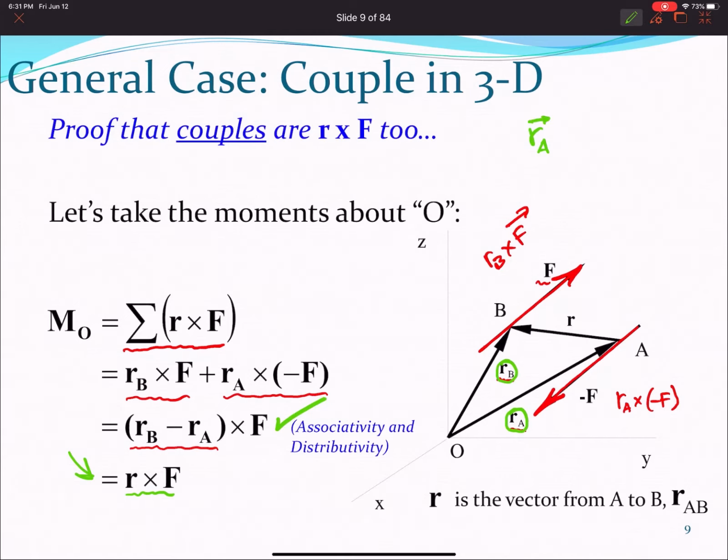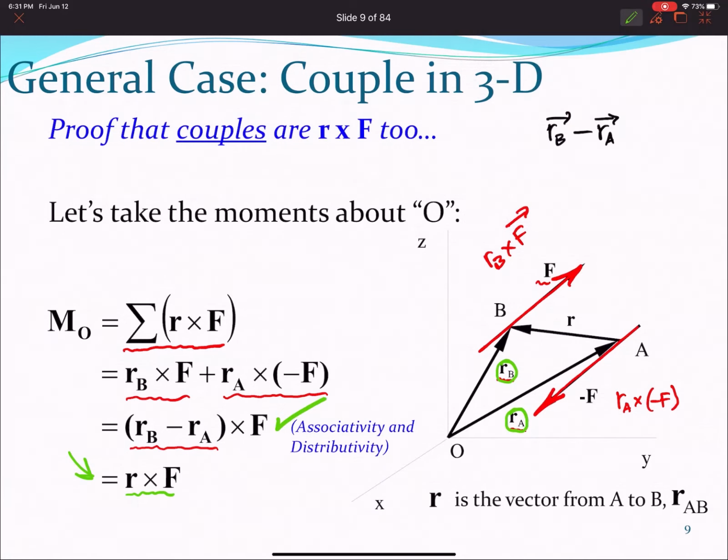So if I do the subtraction, it should be RB minus RA. Let's subtract RA from RB. Okay, so we can do simple addition of vectors.